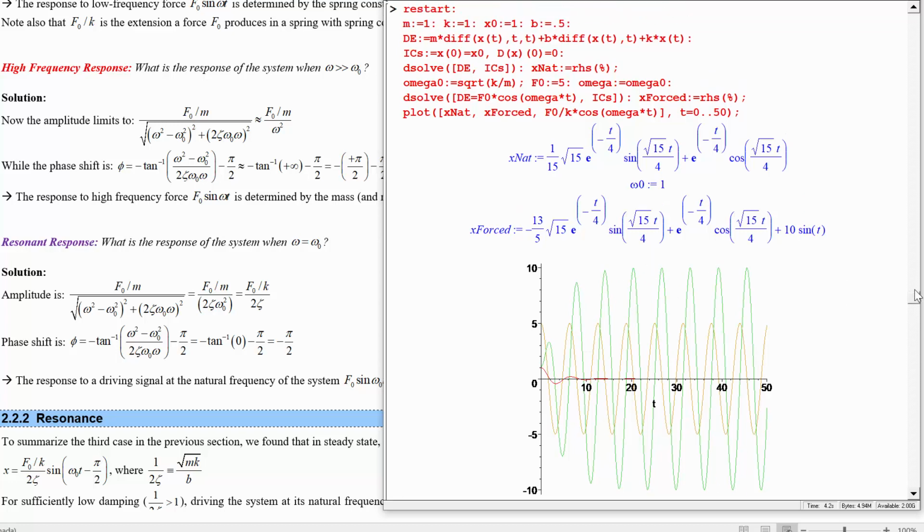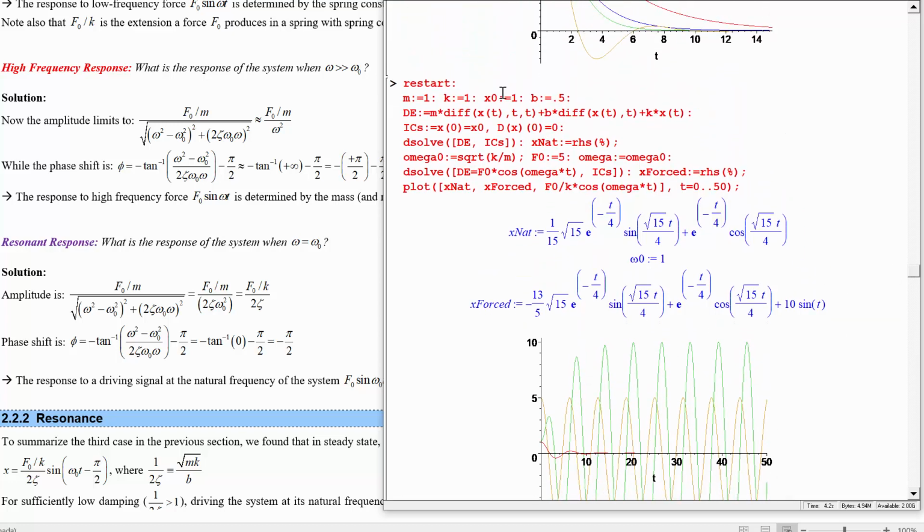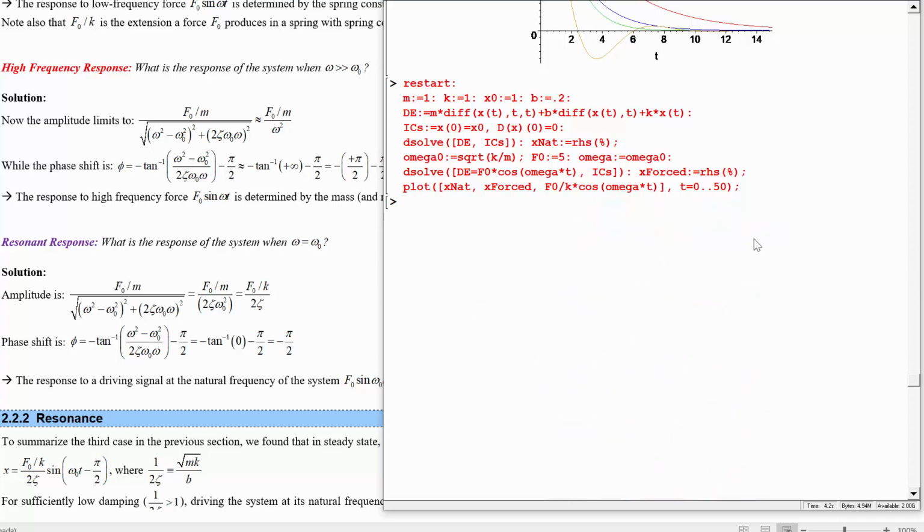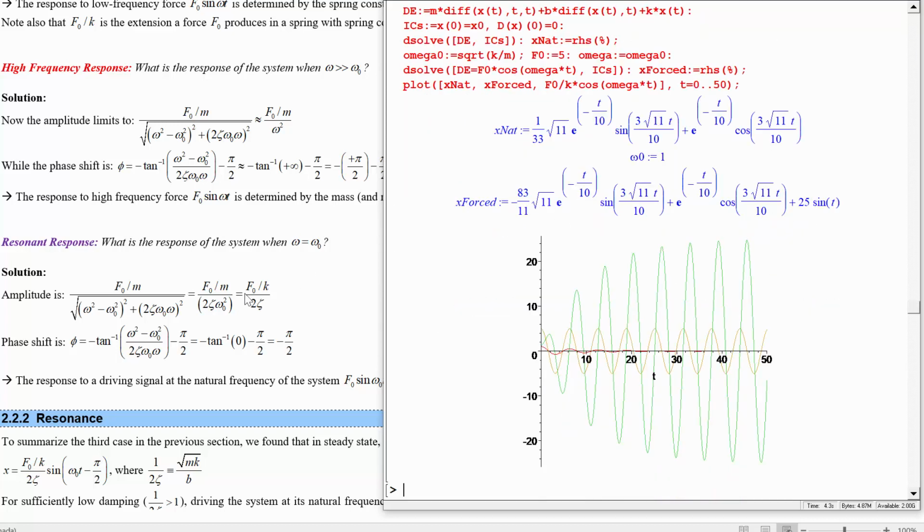So now, if we were to change b, instead of 0.5, maybe 0.2, we'll find that the amplitude builds up even more before it reaches a steady state. Right, so this amplitude here that we get is limited by the damping ratio, and that's proportional to the damping constant, b. So as we lower b, then we get a higher steady state amplitude.